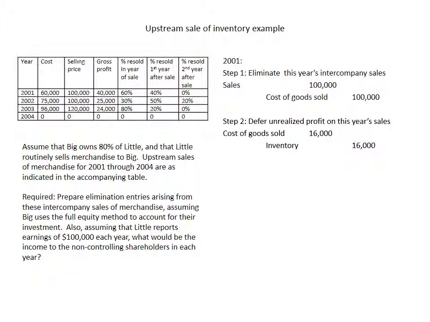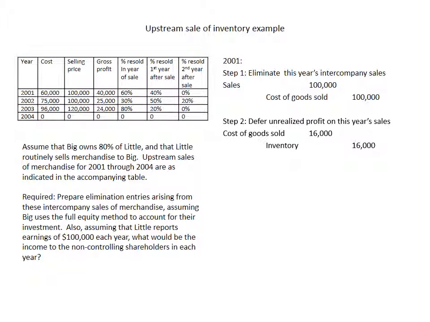That means 40% of that $40,000 gross profit has not been realized. So we need to defer 40% of $40,000, or $16,000. We do that by increasing cost of goods sold, which defers the income, and crediting inventory, which reduces the inventory from its marked up value down to its true cost.